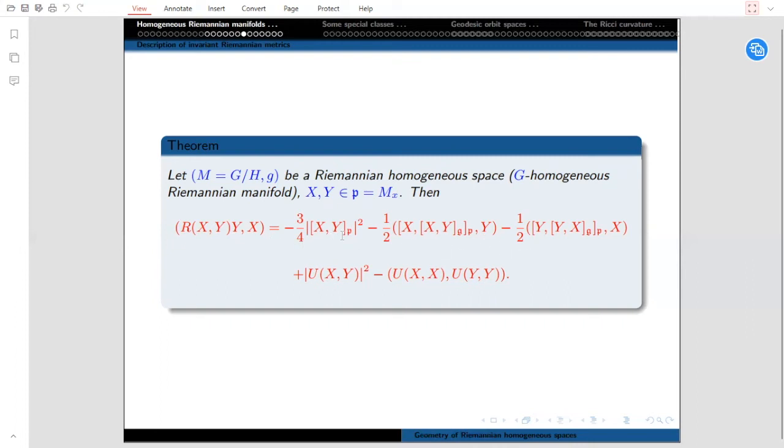You see this: P components, G component, and so on. And we also use the operator U. It's a very easy formula, in fact, because if we compare with general methods of calculating Riemannian curvature, it's very easy.